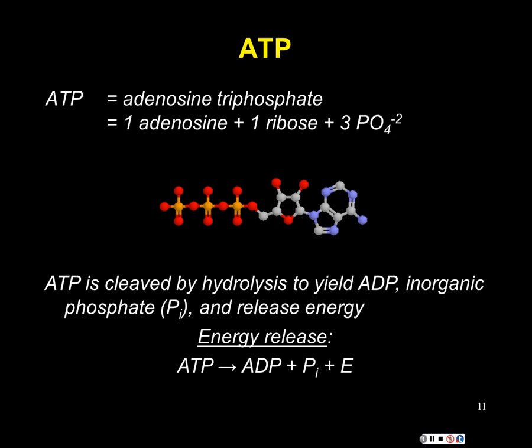It's very reactive. So as soon as it's made, it's going to be used. We can't store ATP because it's so reactive. As soon as it's formed, it wants to disassociate and release what? Energy.